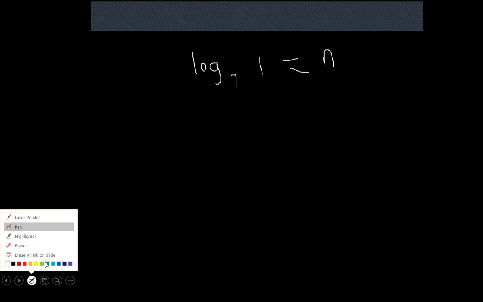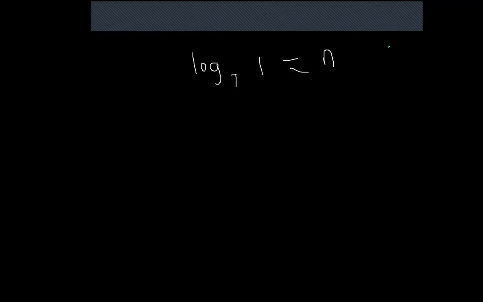Log of 1 to the base 7. And they want me to find what this is equal to. So I'll just put n here. Can anybody tell me what answer they got? Is it 0? Okay, we have a 0. Let's see if that's correct.